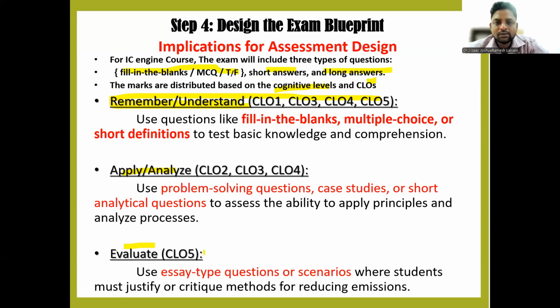Here you can have questions like fill in the blanks, multiple choice, or short definitions only. No need to go for bigger questions of 10 marks or 15 marks. If it is under apply and analyze, then you have problem-solving questions, case studies, or short analytical questions.